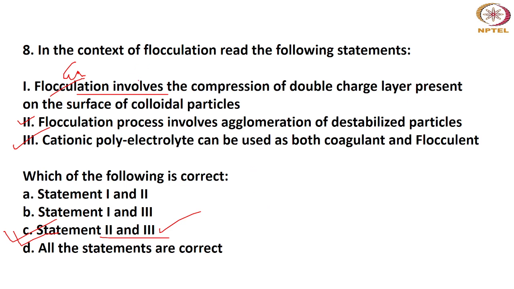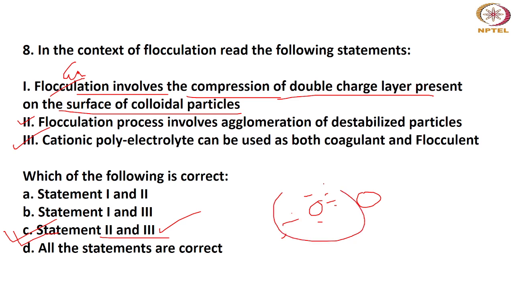In case of coagulation, the compression of the double charge layer present on the surface of the colloidal particles happens. Maybe the first layer is negative, then positive, then negative, and the other particle has the same characteristics.